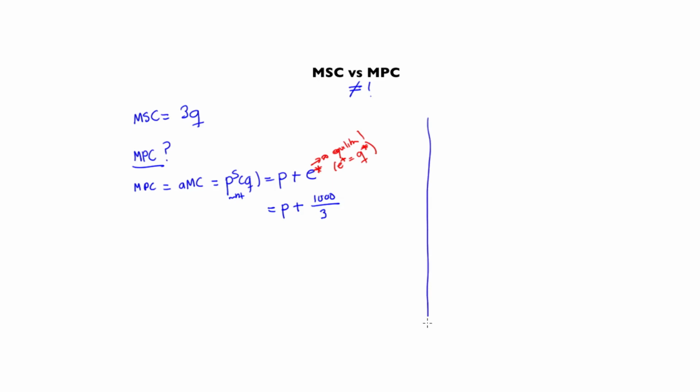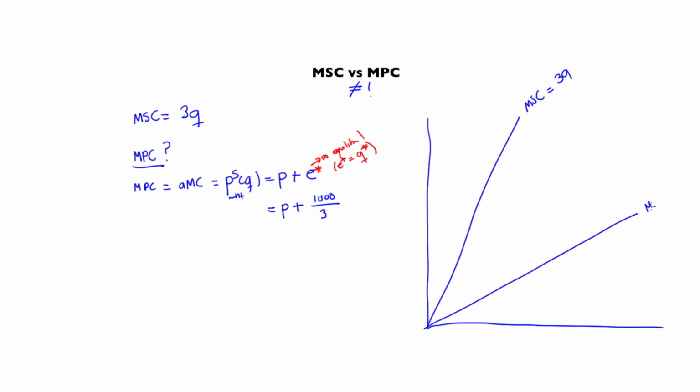So I'm going to plot for you what these look like. Marginal social cost is equal to 3Q. The inverse supply function of the market when there are no externalities is just Q. Apologize, there is a typo here.